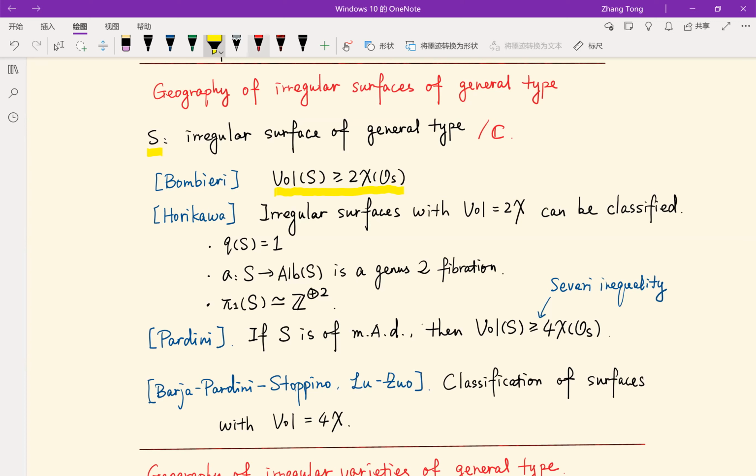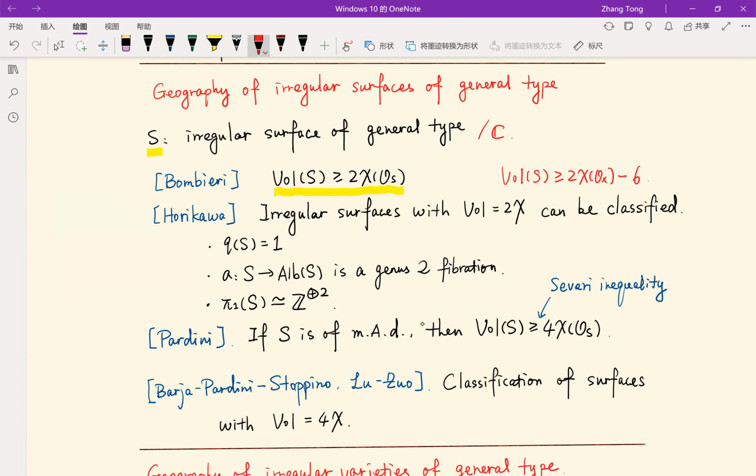So recall that if we don't have this irregularity assumption, the previous one is like volume of S is at least 2 times the Euler characteristic minus 6. So this irregular version is better because it has no constant term.